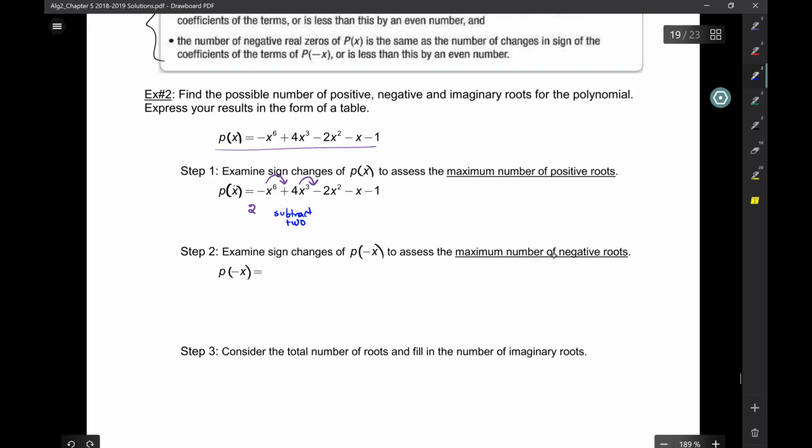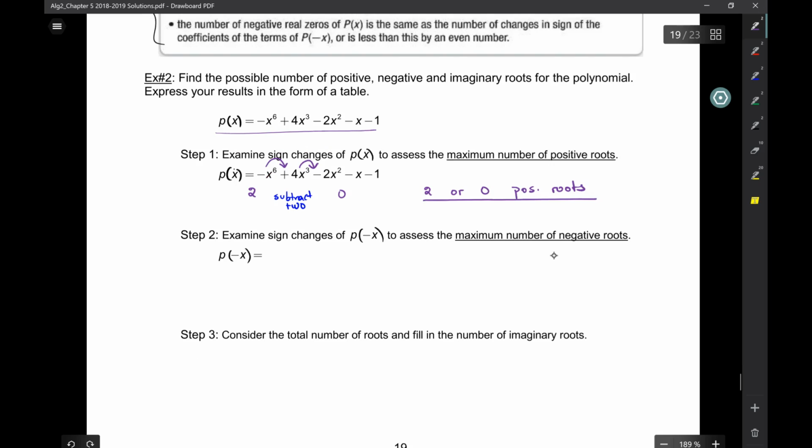You always subtract 2. Why subtract 2? We'll ask Descartes one day when we run into him in the afterlife. But for now, we're just going to keep subtracting 2. So you subtract 2, what do you get? 0. So 2 or 0 positive roots.